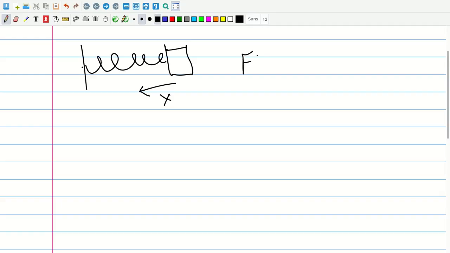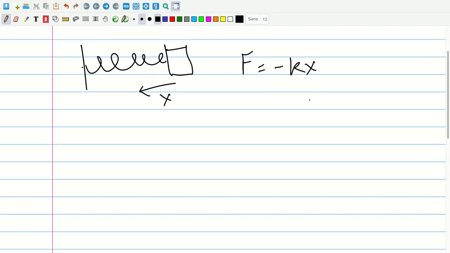When you have a displacement x from equilibrium, so you've got this spring, right? It is displaced from its equilibrium position by some amount x. The force exerted on it, if the displacements are small enough, is equal to Hooke's law, right?